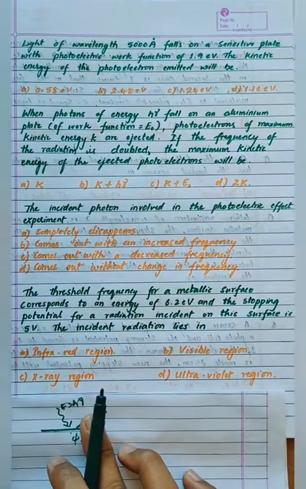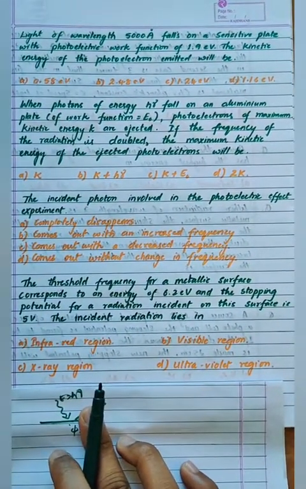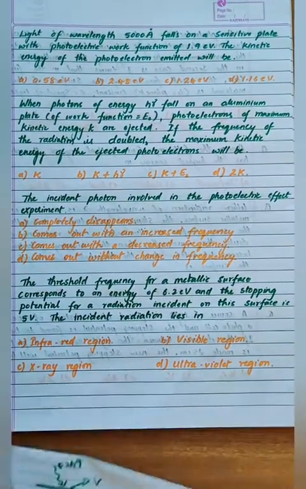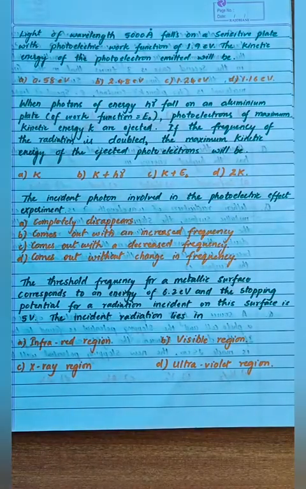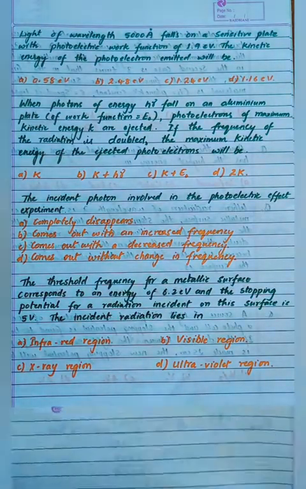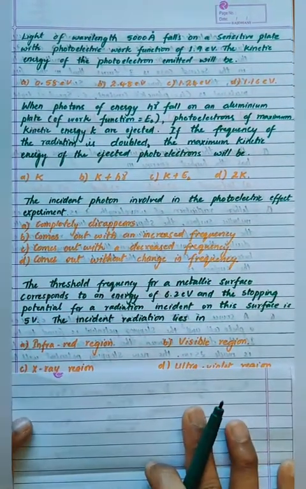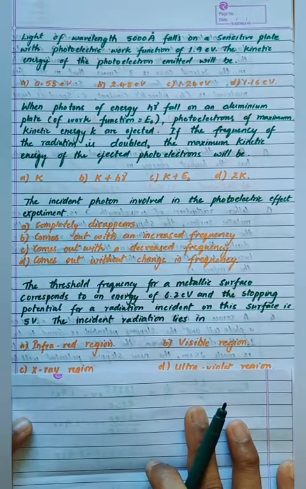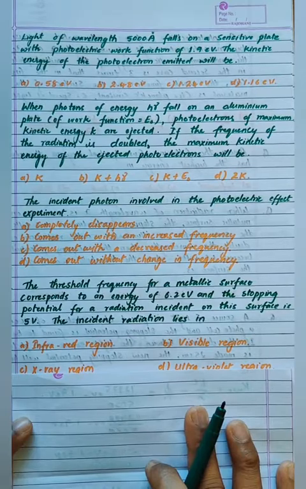Read the question properly. The threshold frequency for a metallic surface corresponds to an energy of 6.2 electron volt, and the stopping potential for a radiation incident on this surface is 5 volt.